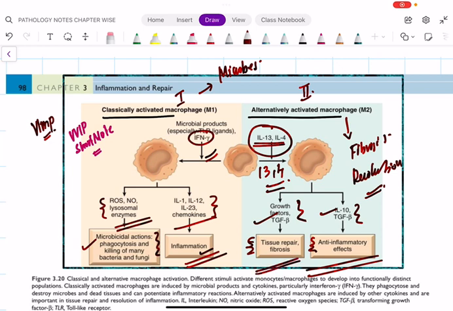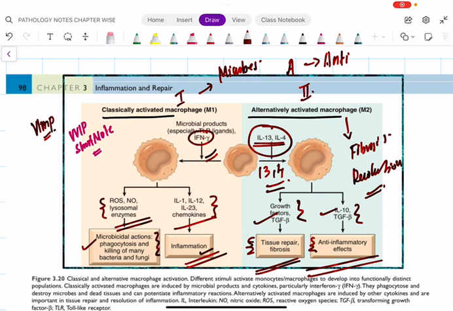So the question is very clear: which of the following pathways has an anti-inflammatory effect? In acute inflammation, I told you all are pro-inflammatory except lipoxins. Lipoxins are anti-inflammatory. Similarly, alternatively activated macrophages have an anti-inflammatory effect, along with interleukin 13 and 4.